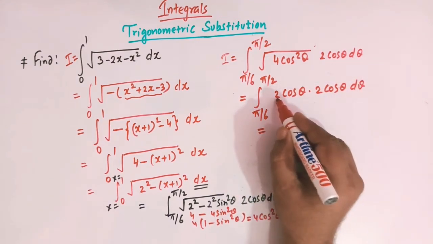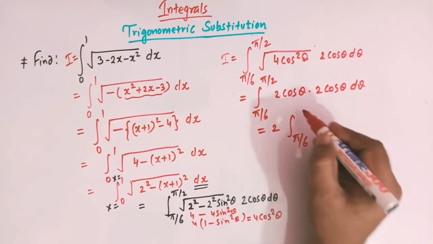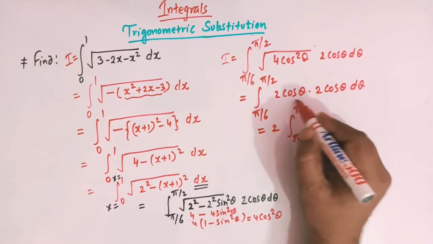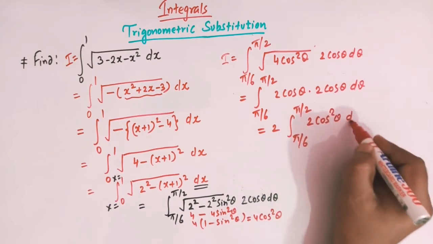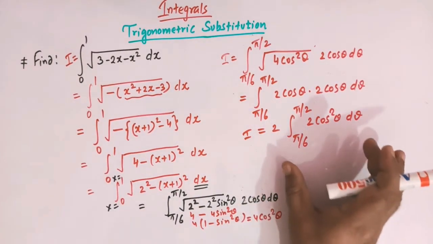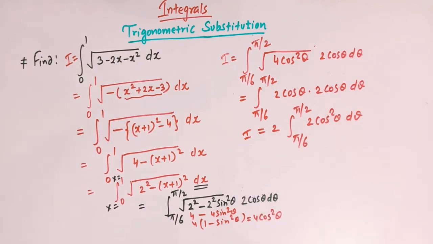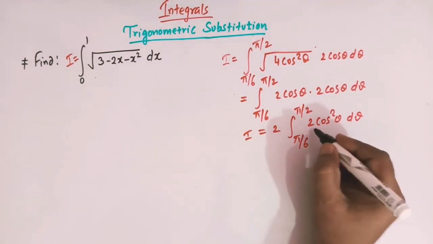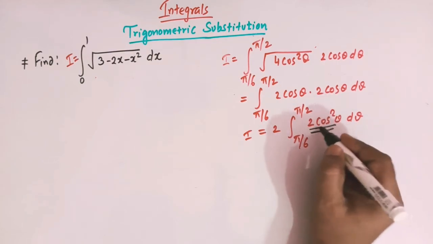Okay, so now we can take 2 outside, and we have pi by 6 to pi by 2, and here we have 2 times cos square theta d theta, right? So now our integral reduces to this type of integral. Now here we'll make use of a trigonometric identity.